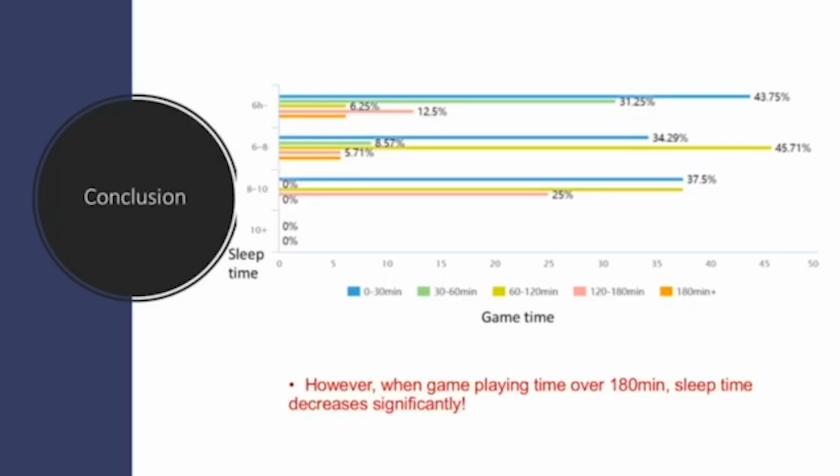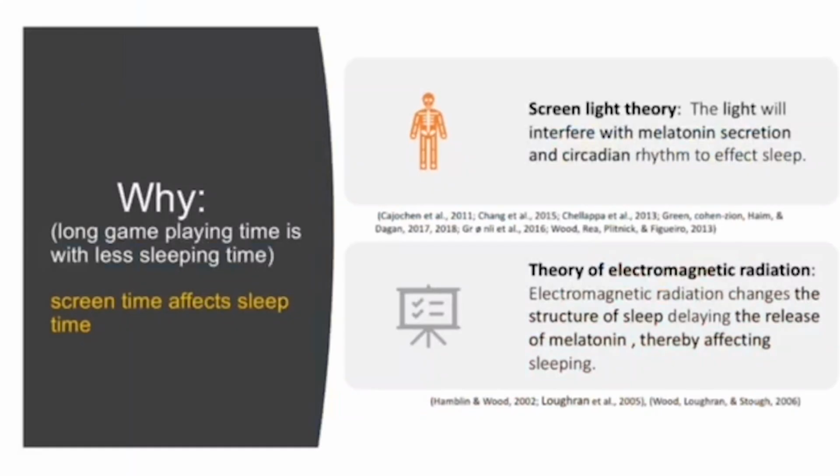So we can conclude that more game time contributes to less sleep time, while long game playing time is associated with less sleeping time. The first reason is that screen time affects sleeping time. Firstly, light theory believes that the light emitted by electronic device screens will interfere with melatonin secretion and circadian rhythms, thereby delaying the time to fall asleep and affecting sleep.